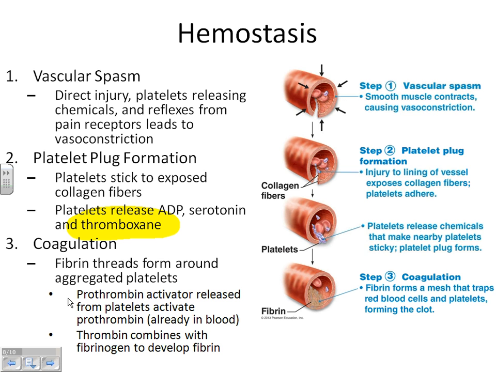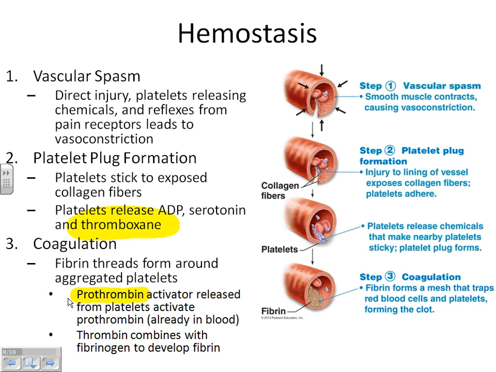Okay? Now the third part, what I described as making the scab, that's coagulation. That's actually stopping the movement of the blood. What's going to happen is that thromboxane causes the release of prothrombin activator, that activates prothrombin.